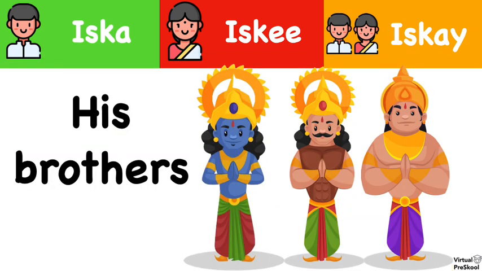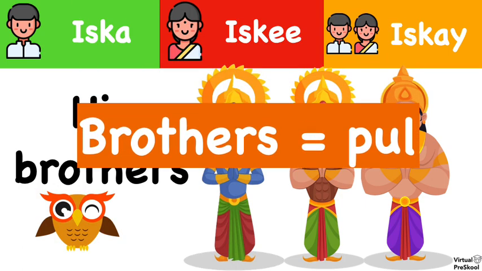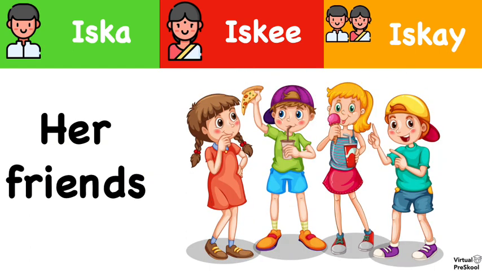Okay? His brothers. So brothers are pulling, obviously. So what would it be? Iska, iski, iske. It would be iske because there's more than one brother and brothers are all pulling. What about this one? Her friends.